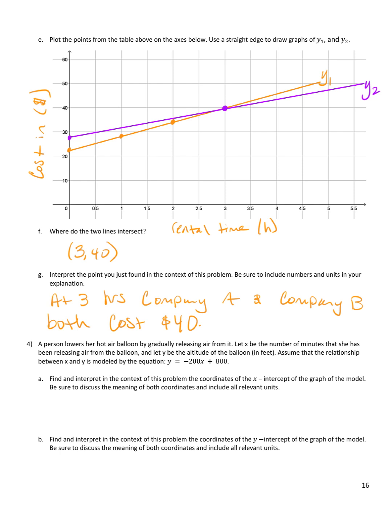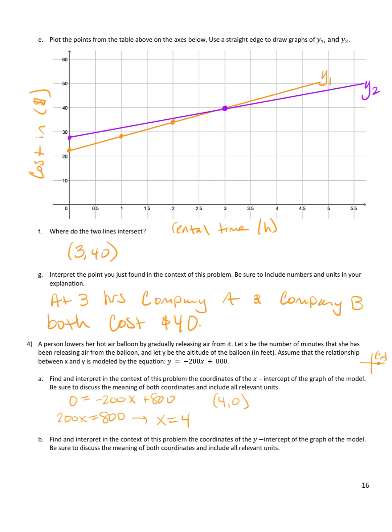So x-intercepts, that means we're looking for a place on the x-axis. And anytime you're on the x-axis, we don't know the x-coordinate, but the y-coordinate is 0. So I'm going to make y 0 and solve for the x. And then we'll just add the 200x to both sides. And then divide both sides by 200. And we get x is 4. So my x-intercept is actually 4, 0.